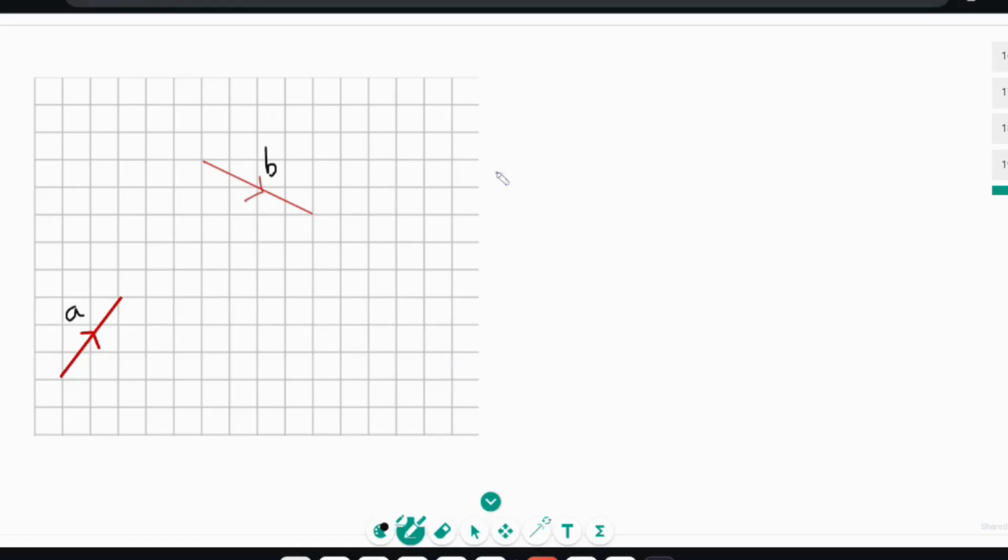Now let's have a look at how you calculate with vectors. So A is a column vector again, (2, 3). What would 2A look like? Well, 2A is just twice the size of A. The vector 2A would look like this.